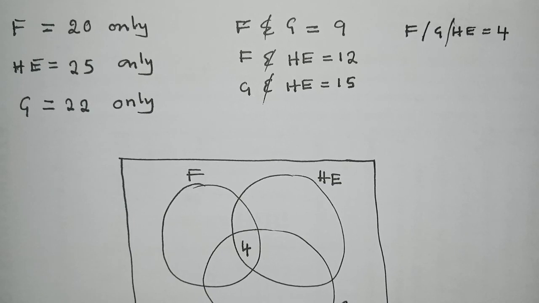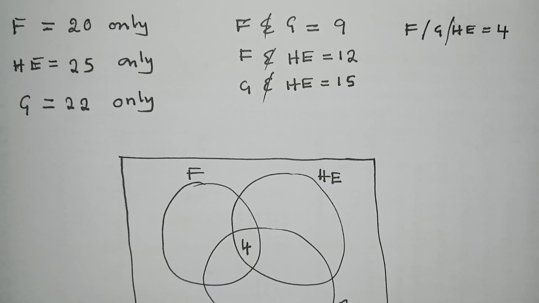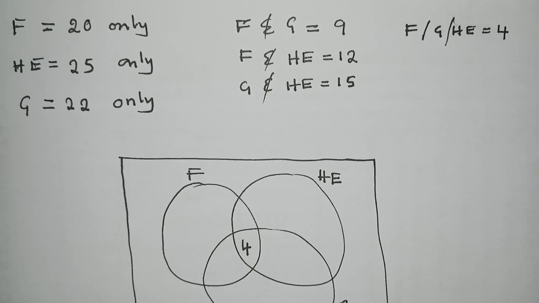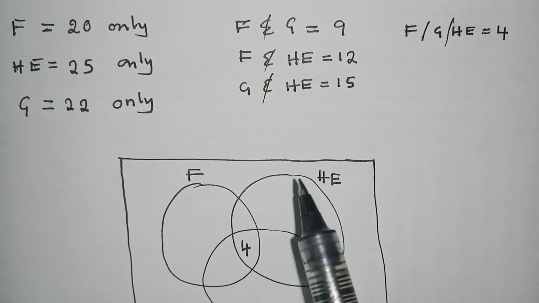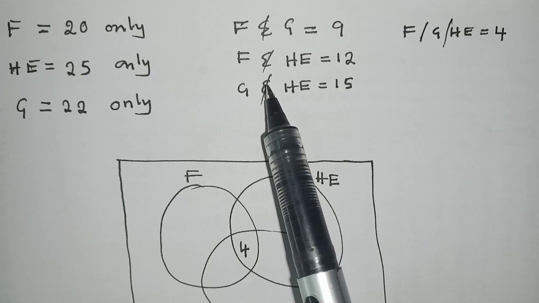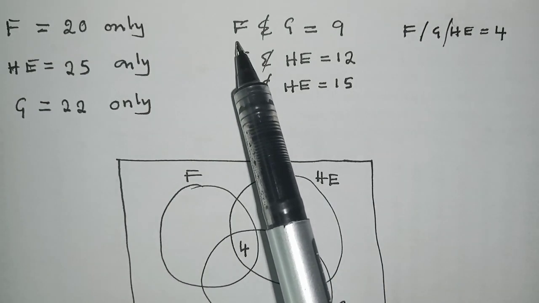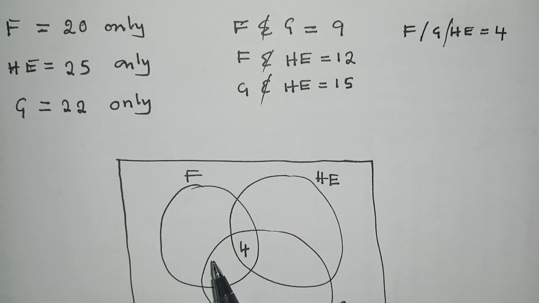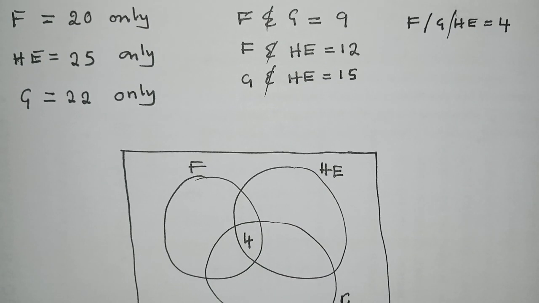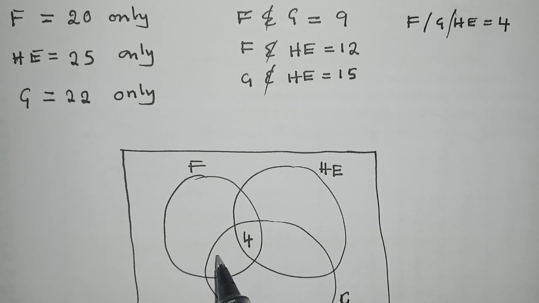So now we go to the intersection of 2 subjects. So intersection of 2 subjects, it's here. We started with 3, we go to 2. So we go to French and geography. So French and geography, they are saying it's what? It's 9. We cannot write 9 here.